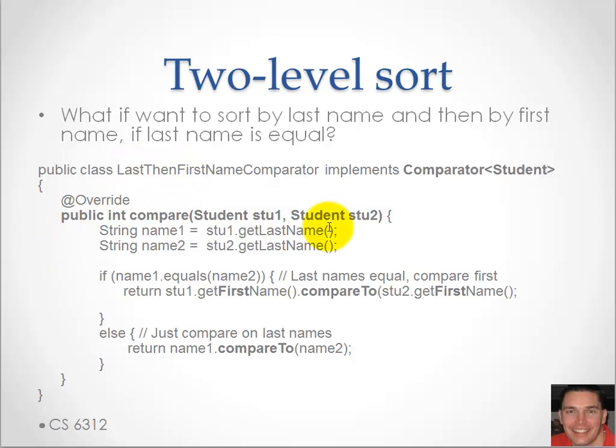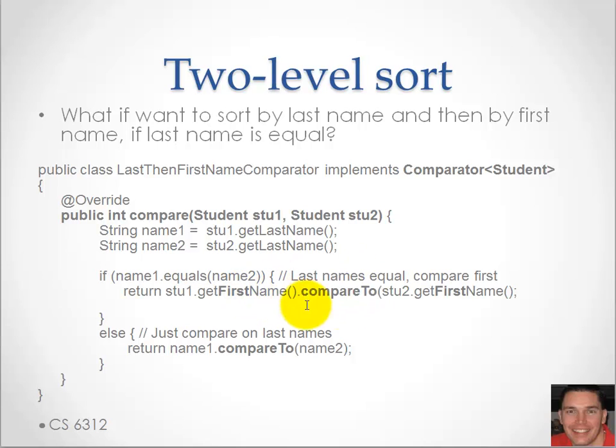So I have my signature here. I come in and I get my first and last name. The first thing I want to do is see if the last names are equal. So I say if name1.equals(name2). If they are equal, then I want to get the first name and compare based on first name.